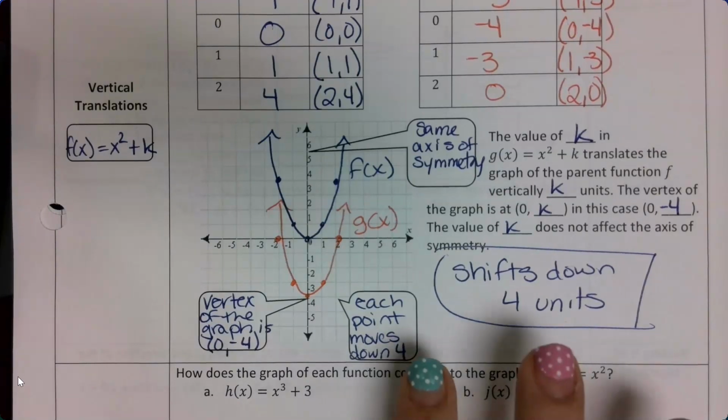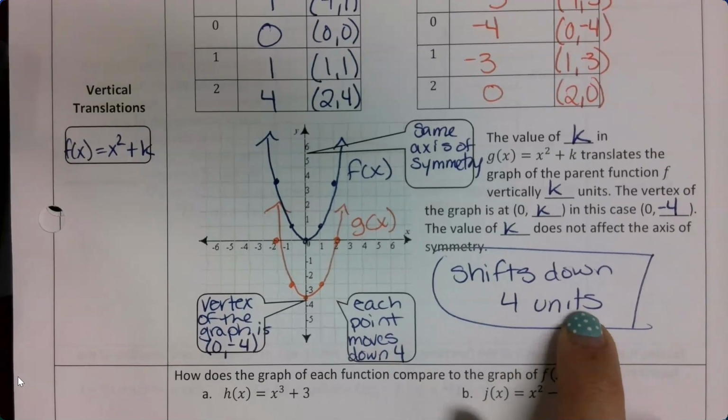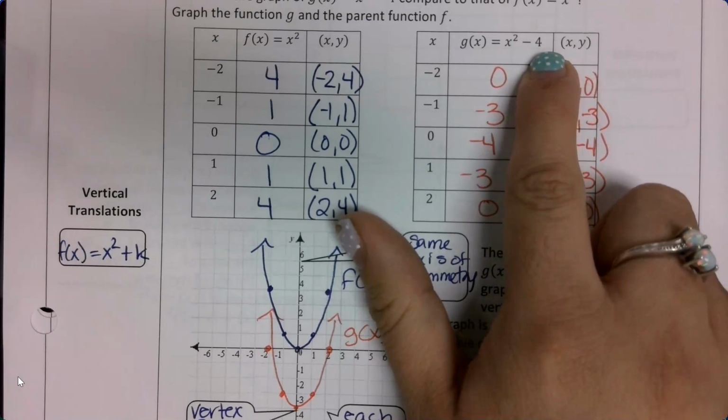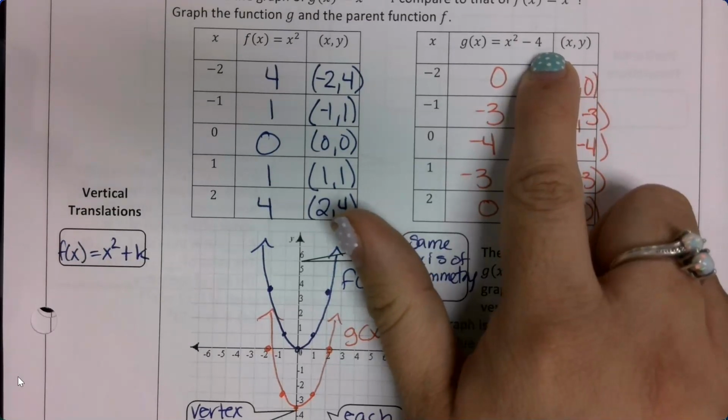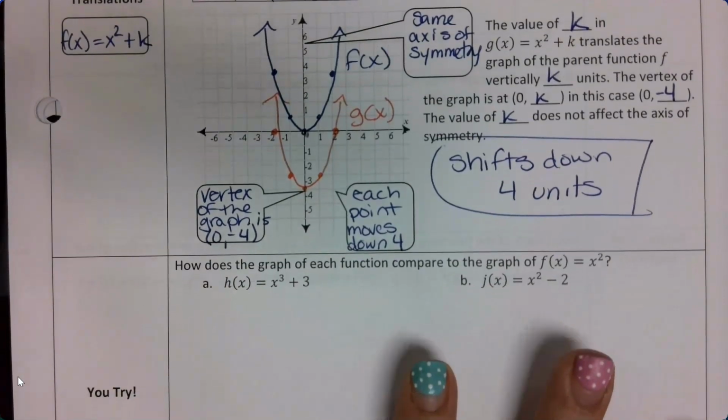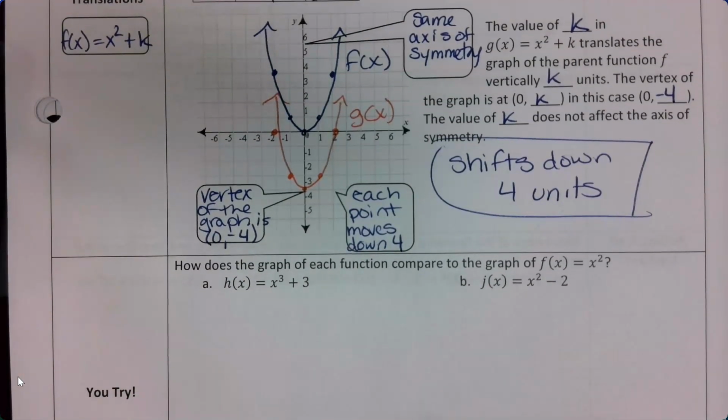So I could have figured out this answer just based on looking at my equation, how it had -4 right here. That would let me know that I need to say it shifts down 4 units. So on the 2 U tries, you don't have to graph them. You can just look at the function and say what they are.